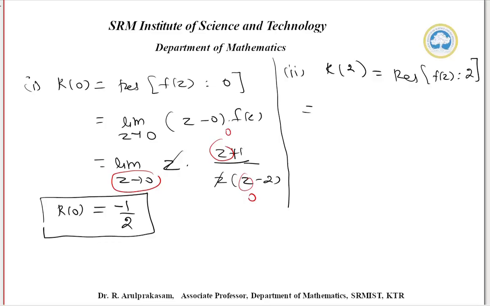So what is the formula? My formula is limit as z tends to 2 of (z − 2) times f(z). What is my f(z)? My f(z) is (z + 1) / (z(z − 2)).